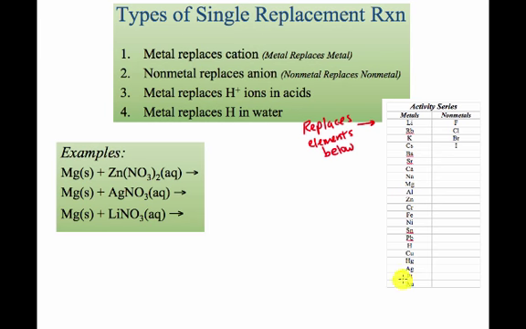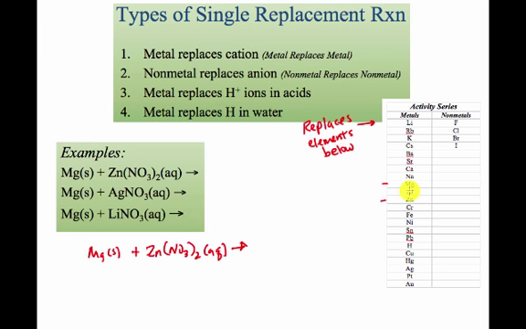Sodium replaces everything below it. Gold cannot replace everything. If I look at this reaction of magnesium solid reacting with zinc nitrate, I want to see if the reaction will happen. So I'm going to compare zinc and magnesium. Magnesium is here, zinc is here, so magnesium is above zinc, and therefore it replaces the elements below.